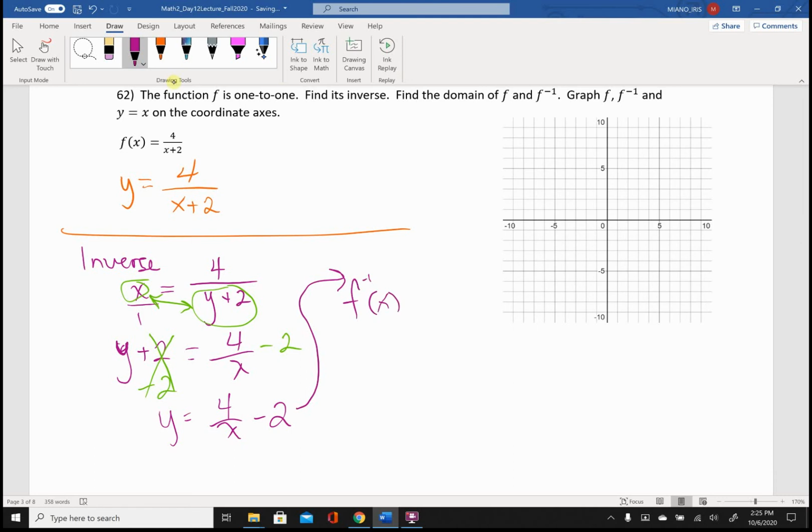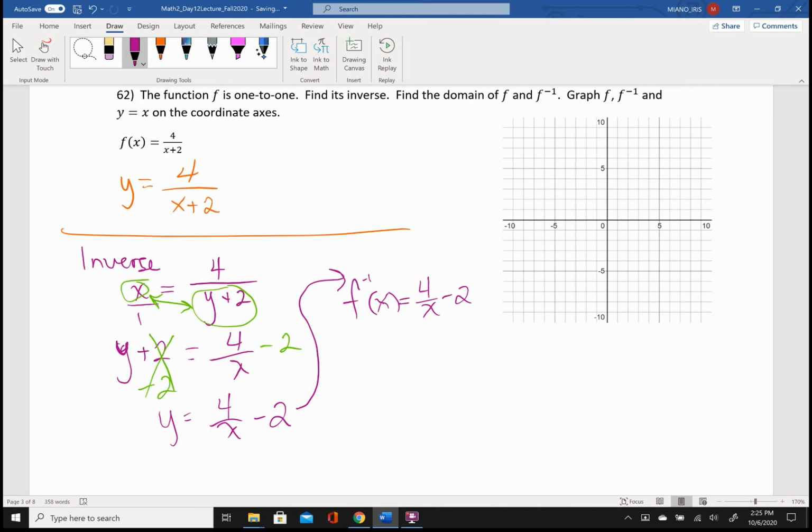This little exponent of -1 on a function notation indicates an inverse. So that'll be 4 over x minus 2. It'll be a reciprocal function with scalar and a little bit of horizontal shifting, right? So that's something we can expect here.